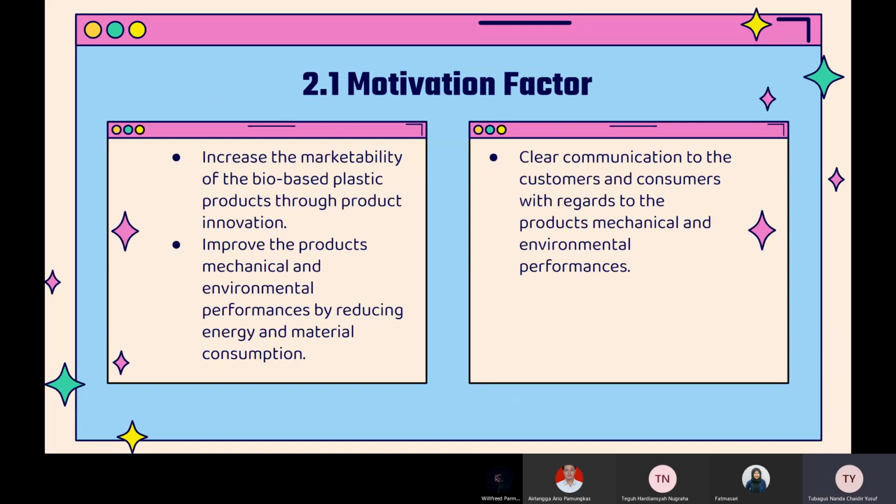The first one is increasing the marketability of the bioproduct plastic through product innovation, thus increasing its demand and reducing the cost of raw material. Second is improving the product's mechanical and environmental performance by reducing energy and material consumption. The third is clear communication to the customers and consumers with regard to the product's mechanical and environmental performance.